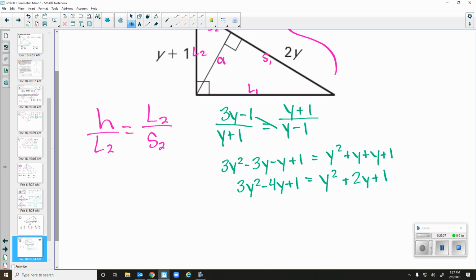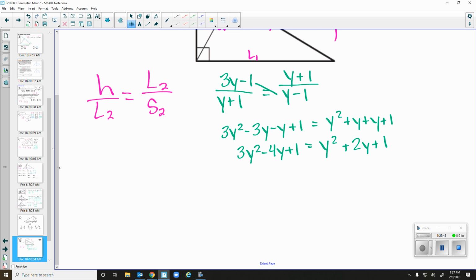Now we solve it. Throw it all to one side. It's quadratic, so you have to solve. So it's 2y squared minus 6y equals 0. You good with that so far?